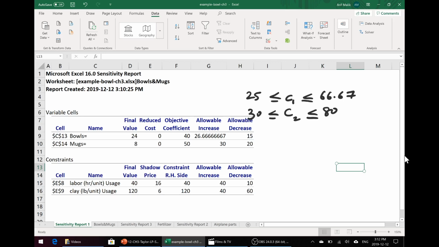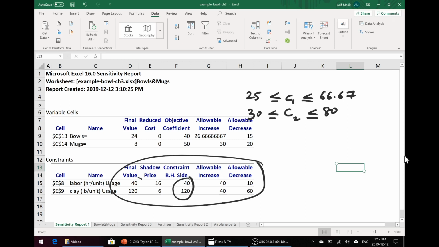Let's look at the second table here, which is related to the right hand side. The constraint right hand side is 40 and 120, and the final value is also 40 and 120, which is telling us that both the constraints are fully used up, which means that slack is 0.